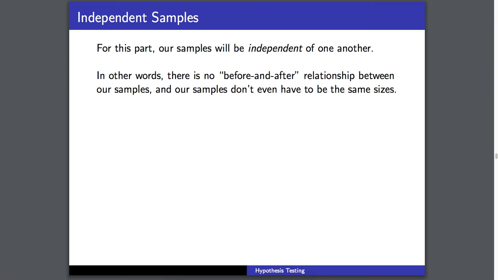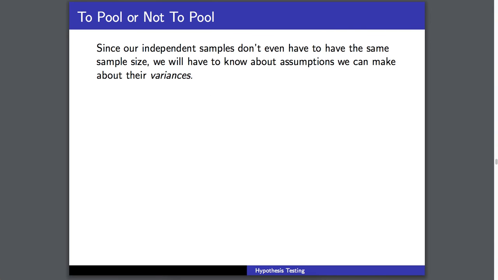We are allowed to have two different sample sizes for each of the groups we're doing the hypothesis testing on, whereas with dependent samples, they had to because they were paired up. So there was a natural order to them having the same sample size. When they're independent, they don't have to have the same sample size.